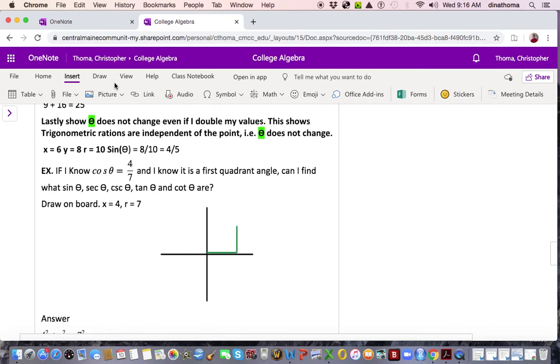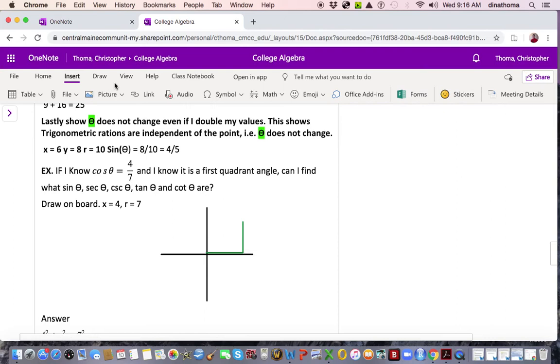So we have this, we know we're in the first quadrant. So I'm going to do my 4, 7 here. And I'll do my hypotenuse in red. Oh, I think I just changed my thing into red. There we go. Definitely going to get better with using OneNote in my drawings. There we go.